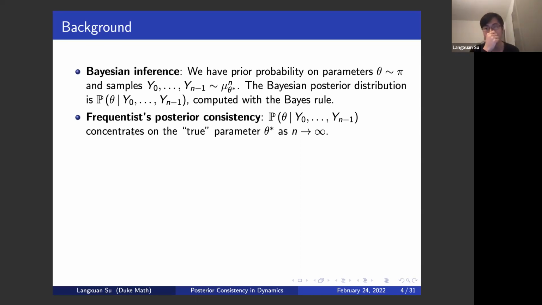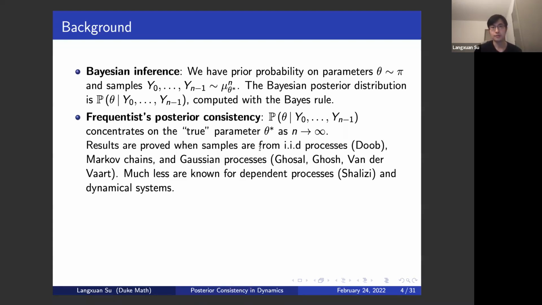And it has many different mathematical definitions, where some people may study the convergence of the posterior distribution as a measure, or maybe just as a density, or maybe only consider the mass, whether it concentrates on any subsets of the parameter space. But there are many different notions of consistency.